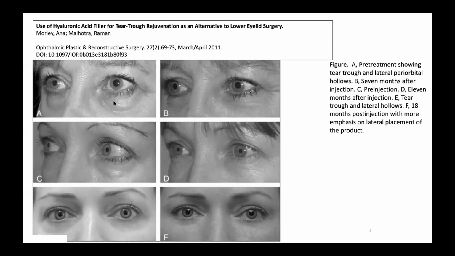But instead of doing blepharoplasty to remove that fat or displace that fat, we can just treat the groove itself. We can put filler, usually Restylane or something really thin, down on the bone here and bring out that groove. And it really does help the appearance of these lower lids. None of them had blepharoplasty. They all just had a little bit of filler, and it goes a long way.